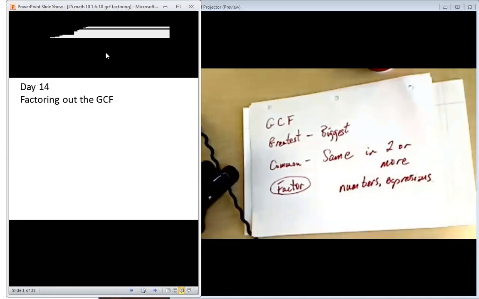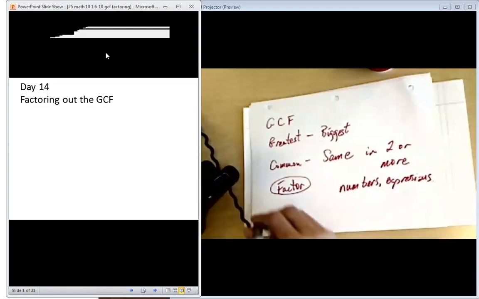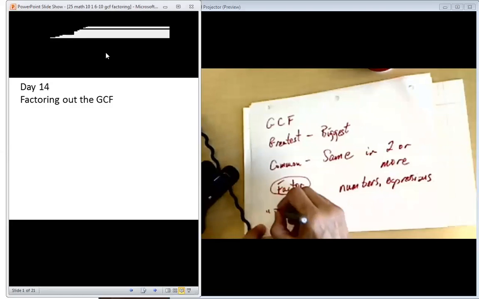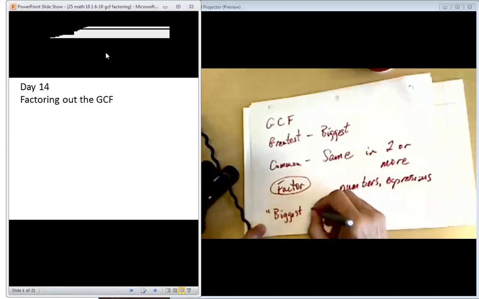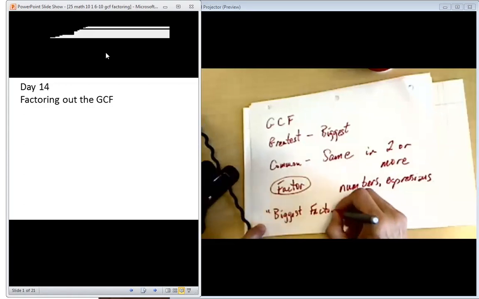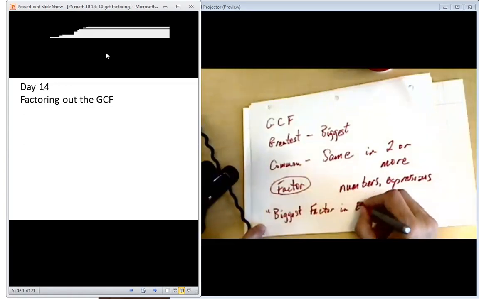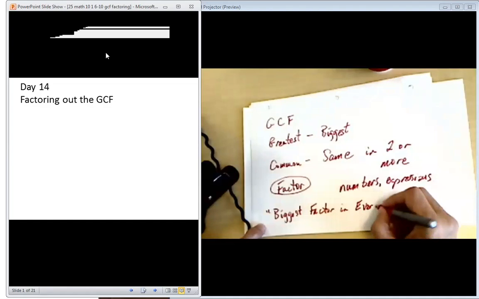That's probably coming up on the next slide. The name is GCF, but it means the biggest factor in everything. In fact, that's quite a nice phrase. I'll write that down. The biggest factor in everything.